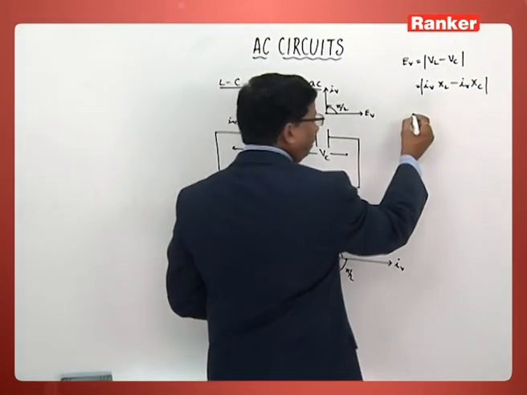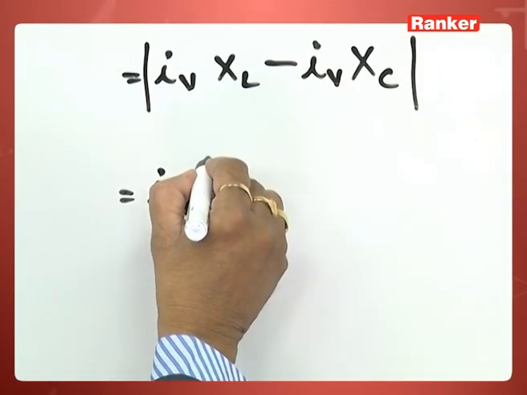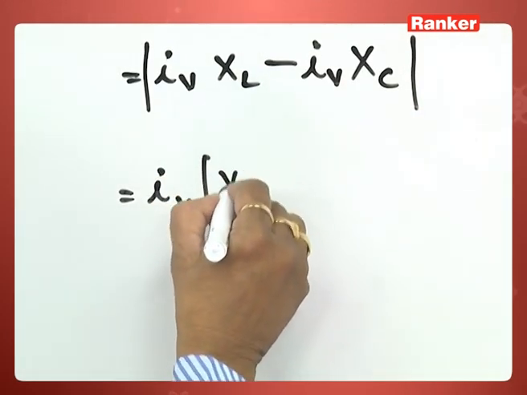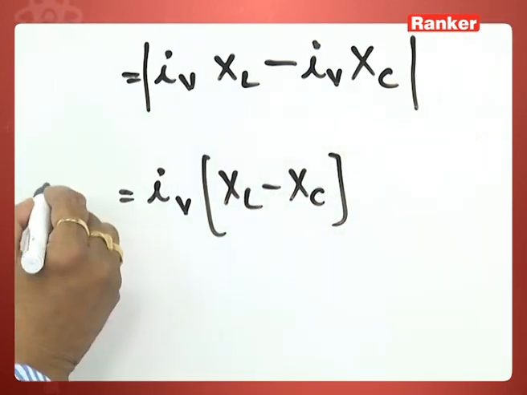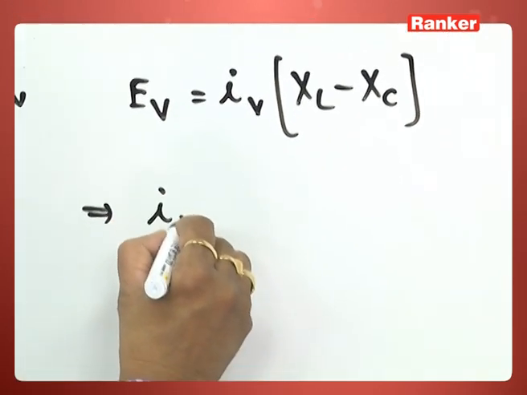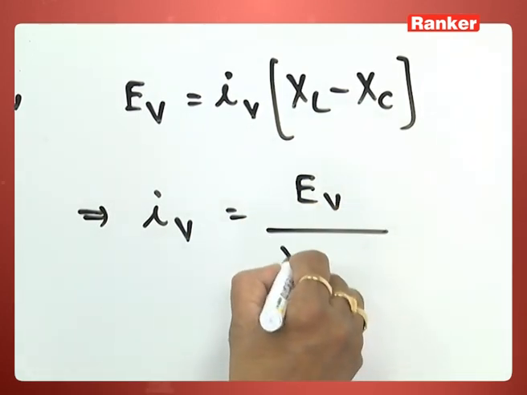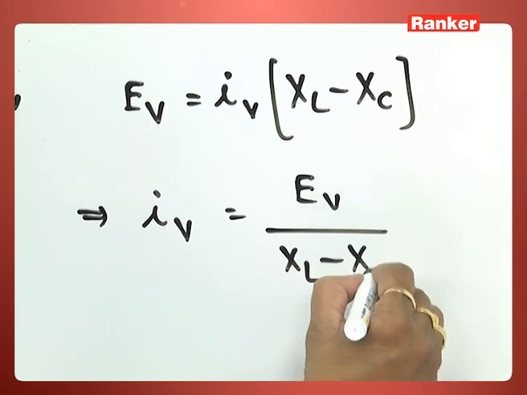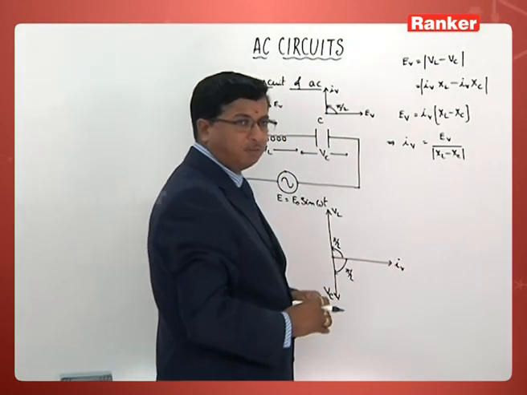So you can rewrite the same as IV into XL minus XC. That is now EV. So what can we write now as far as the virtual value of current is concerned? EV by XL minus XC, whichever is greater, minus the smaller value.